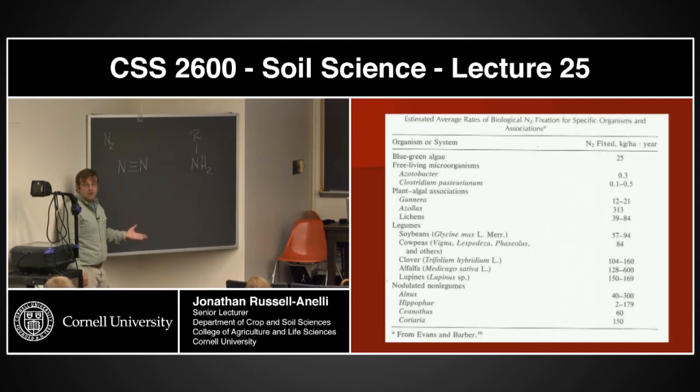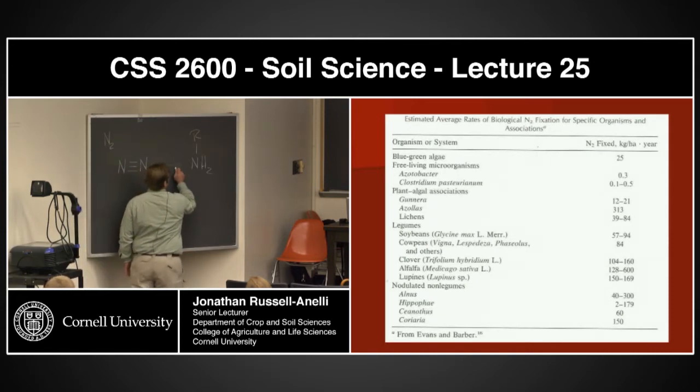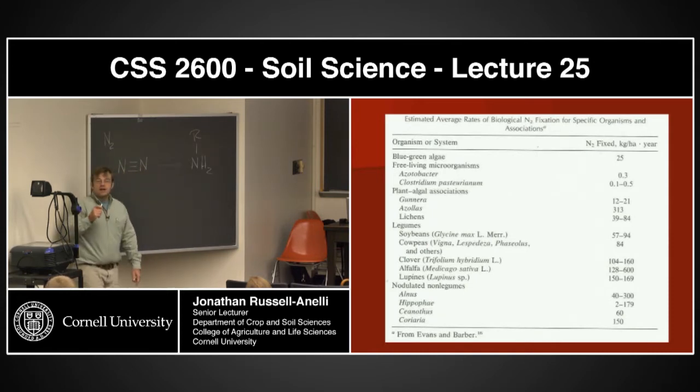I'm going to go with the easy route. So it turns out that this ability to convert this to this has a sort of a select environmental control. This is a huge advantage, if you can do this. But it's only a huge advantage when other forms of nitrogen are not available. Does that make sense?